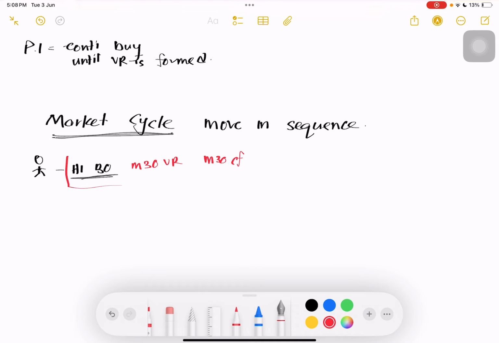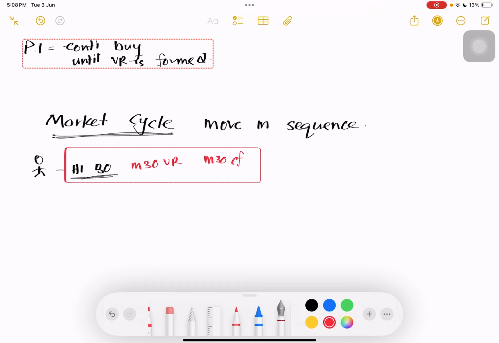This is the H1 cycle. But before M30 VR, M30 CF is formed, we can do scalping. Inside the H1 cycle there should be an M30 cycle, M30 BO, and then M15 BO, and then M5 BO.